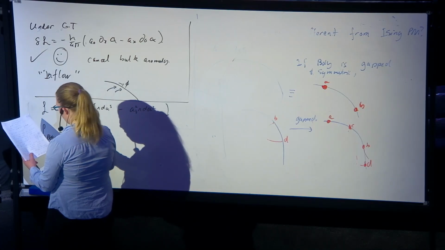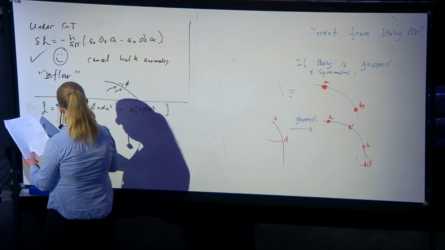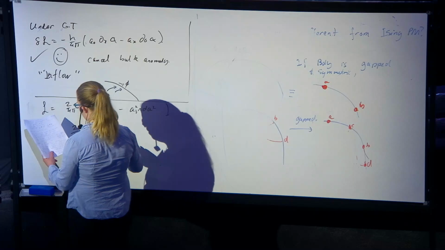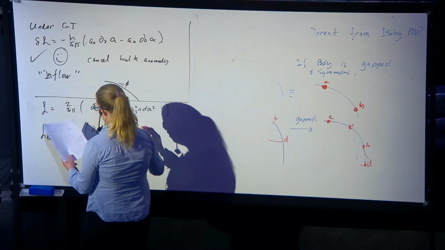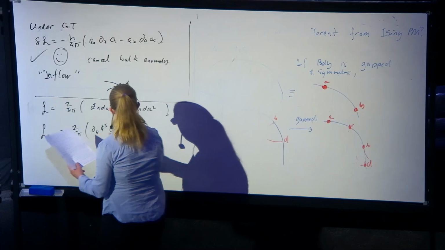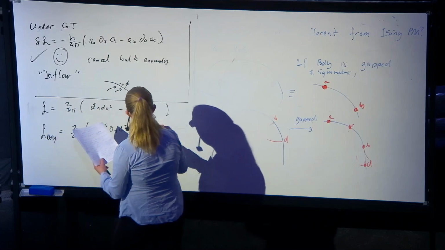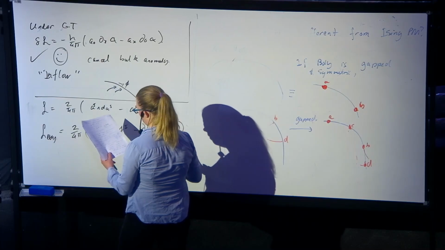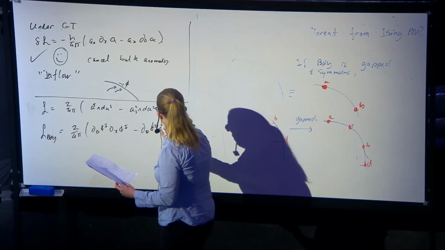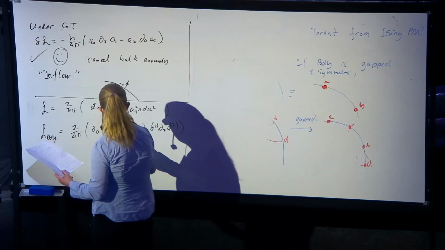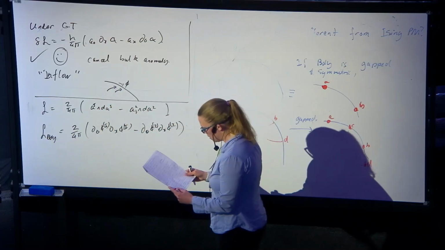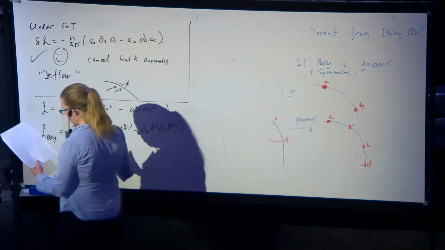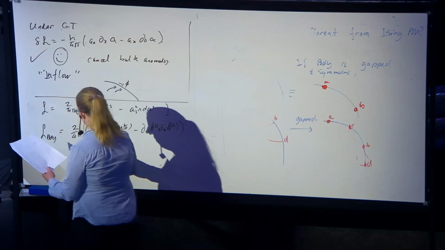And so I should have something like 2 over 4 pi, okay? And now I'm just going to have a phi 1 d0 and a phi 2. This is not a squared, this is a 2. Okay, good. And now if you like, you can change variables, okay?